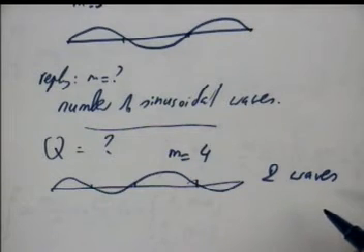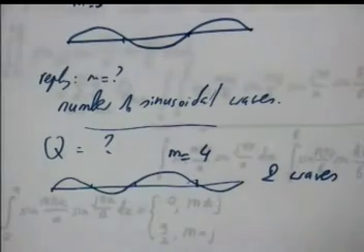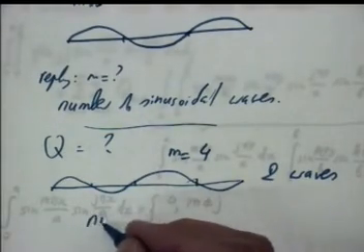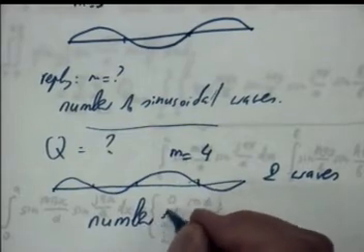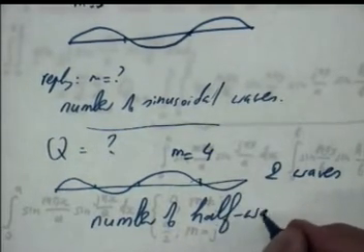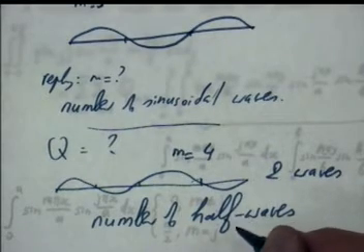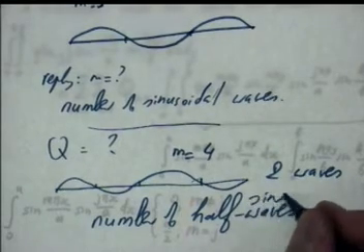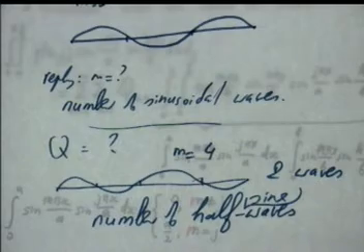Okay, so then what is an M? Number of half waves. Number of half sine waves.